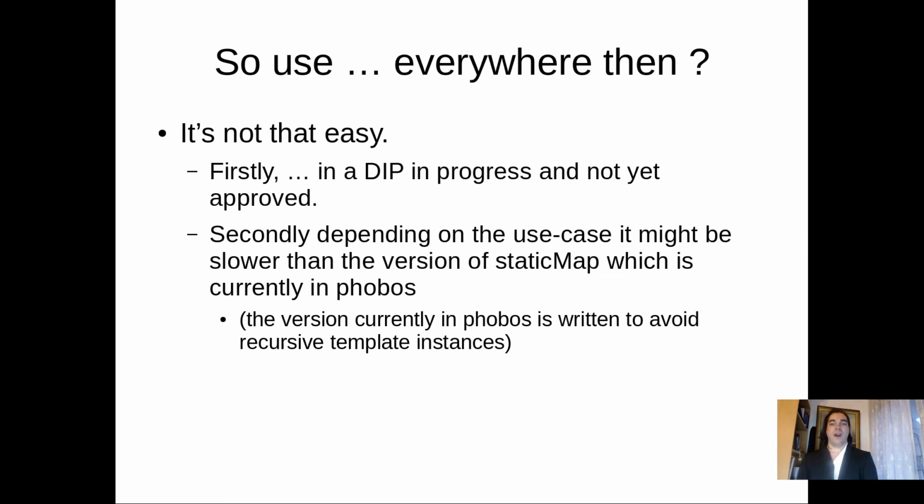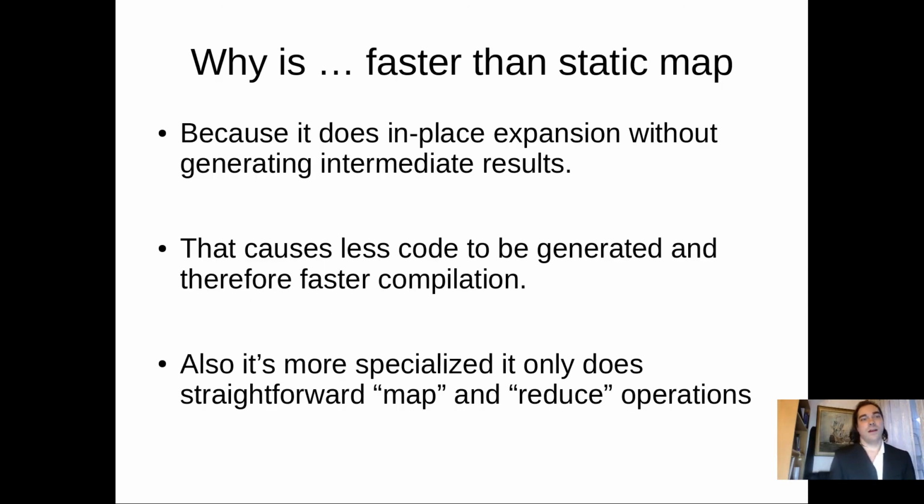And there are use cases, especially if you use static maps within static foreaches, where it is much slower than using the version that's currently in Phobos, right? Which again is based on string mixins. It tries to avoid templates wherever it can, and that is where we are at.